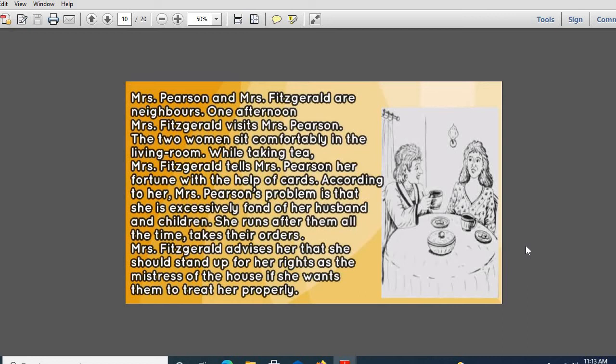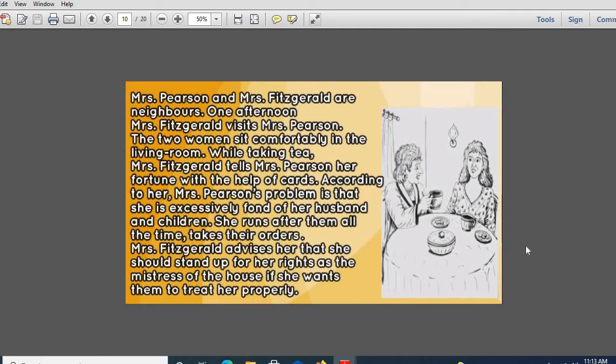But Mrs. Pearson knows very well that it is not possible to speak up in front of them, because the moment they arrive, she will come back to her original mode. Again she will go on serving them in whatever way she can, by mending their dresses, by preparing a cup of warm tea, or by cooking some food for them to eat.